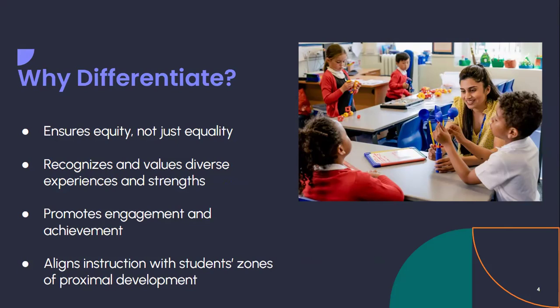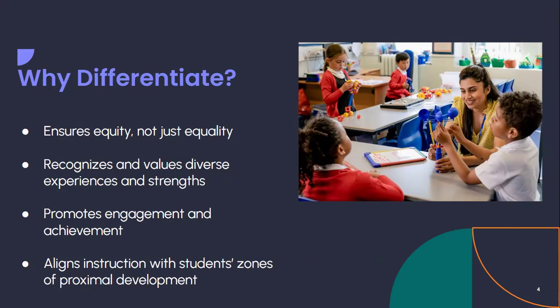But there are times where we are going to have to adapt in order to ensure that gaps are filled or that interests are met, or that we address things that could be barriers, like students who need physical accommodations or maybe some behavioral accommodations.